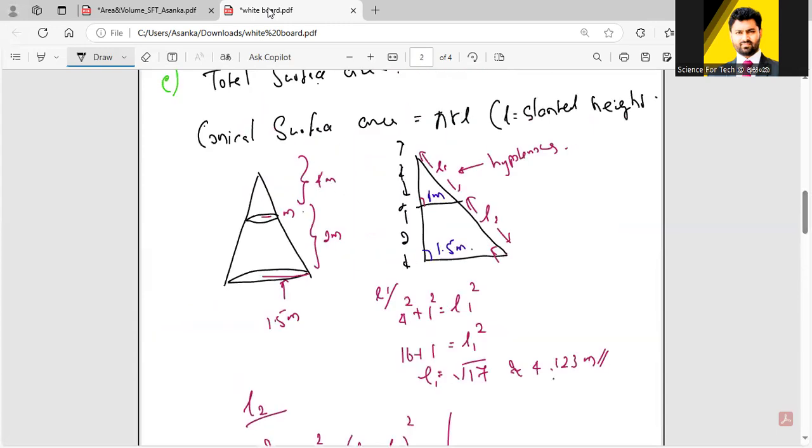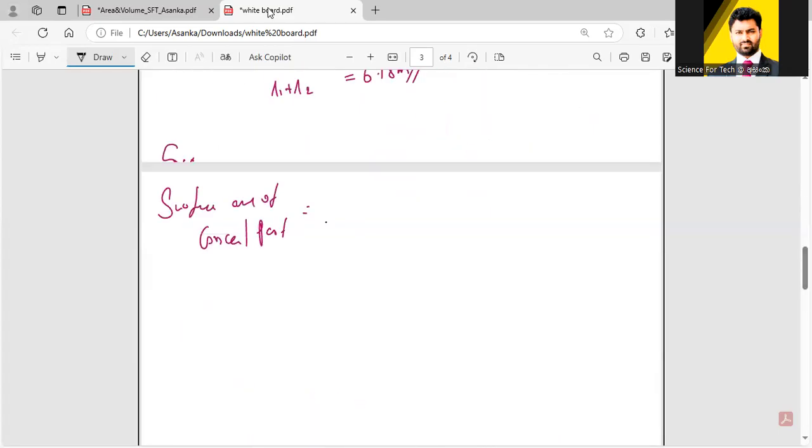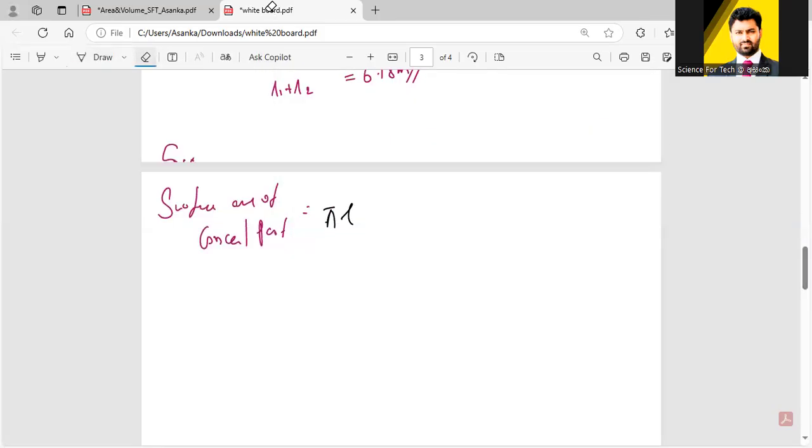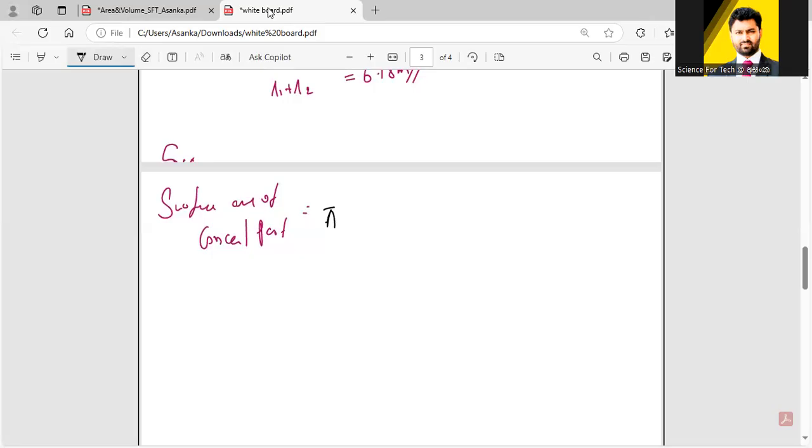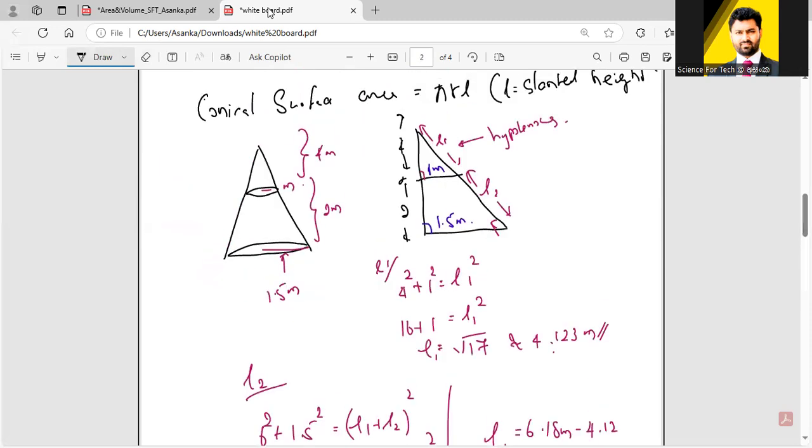I'm going to substitute pi r L into this whole conical area. That means pi R times L1 plus L2, for this whole conical surface, and I'm going to subtract this part.